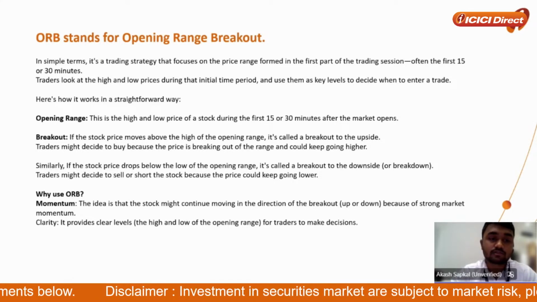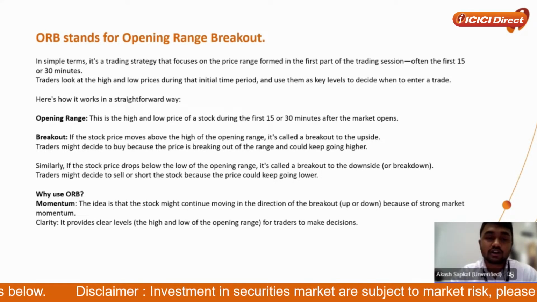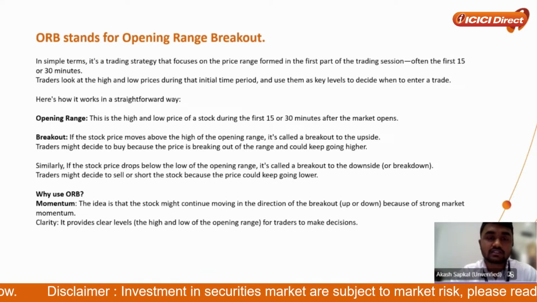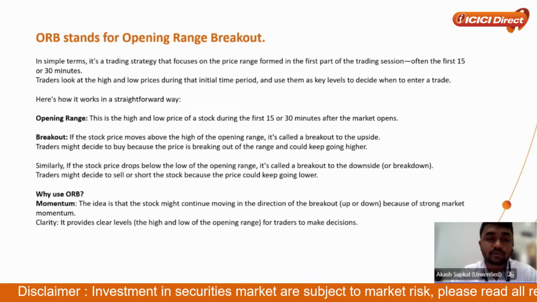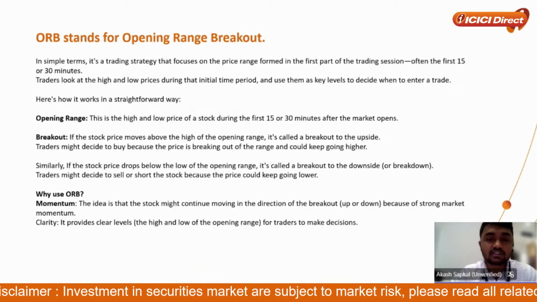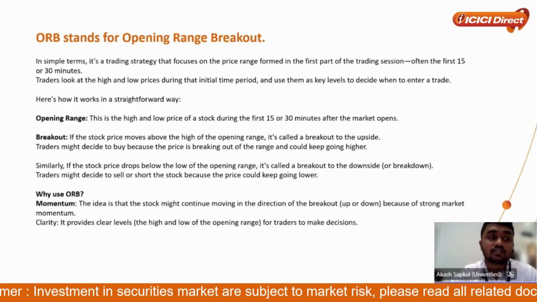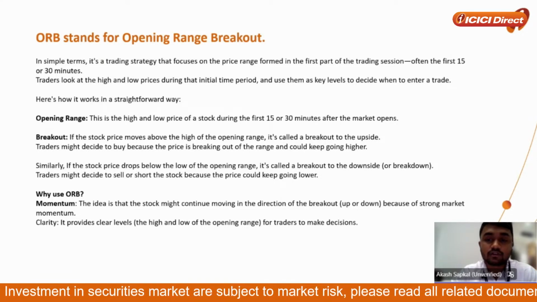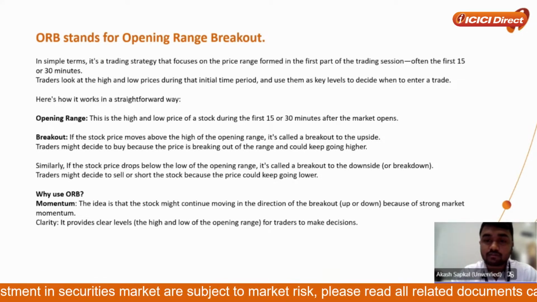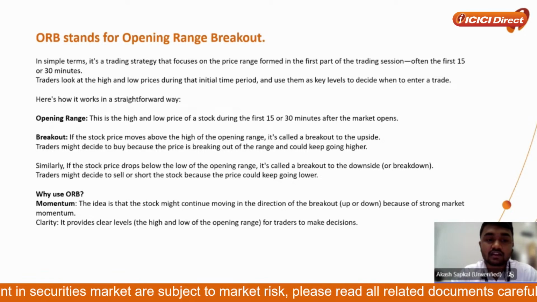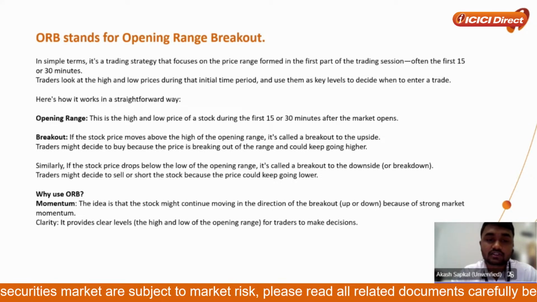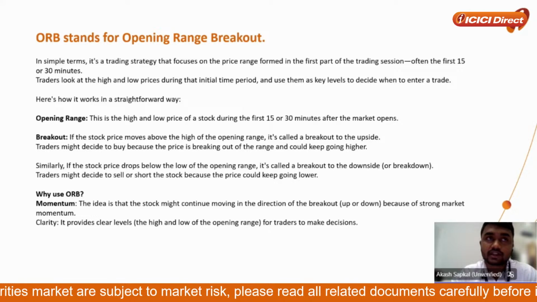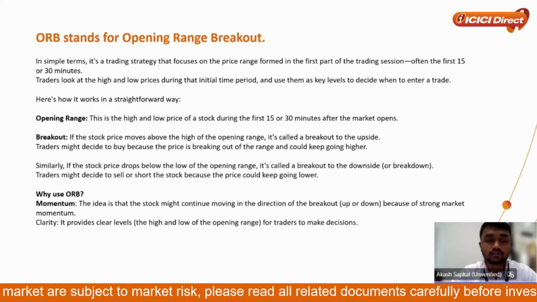Similarly, if the stock price goes below the low of our opening range, we hope it will break out to the downside, and we will sell or short the stock because the price could keep going lower and lower.